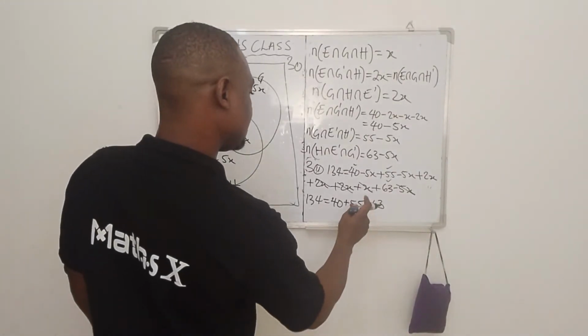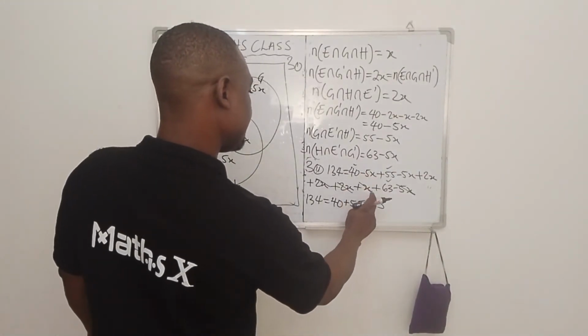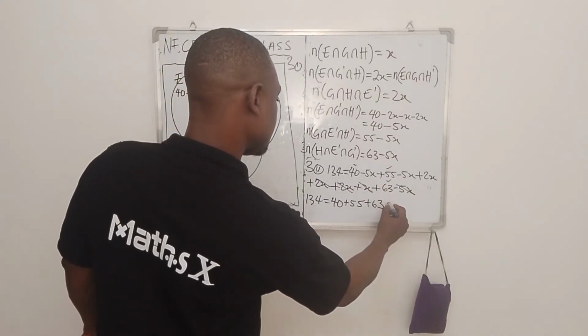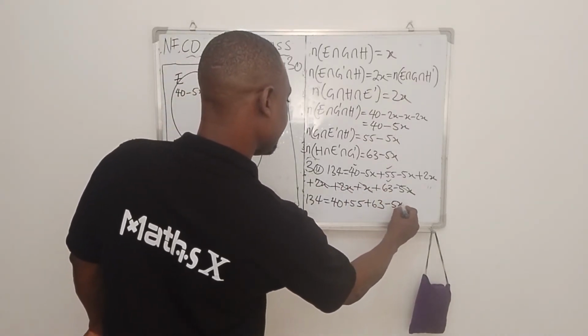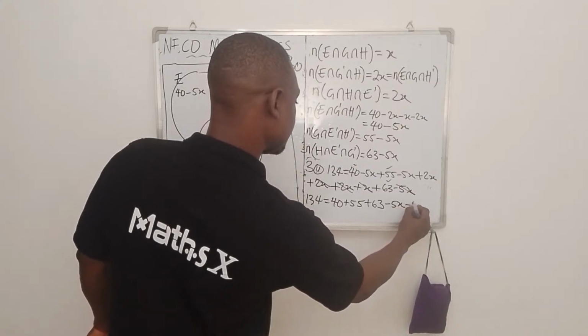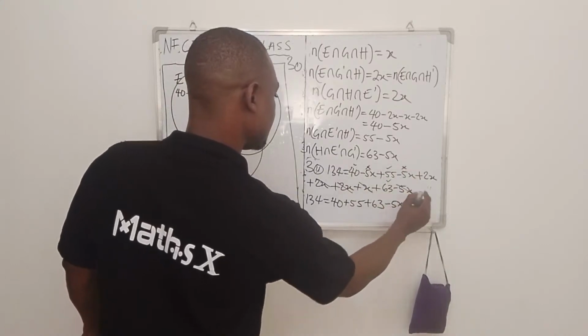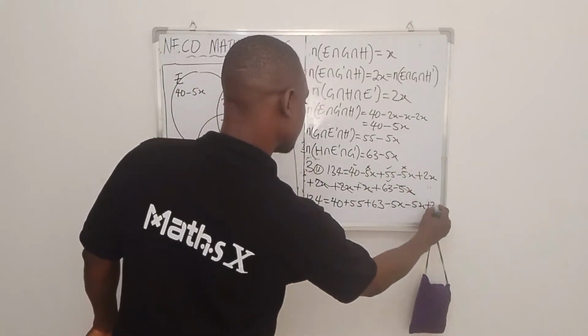What do I have left? Minus 5x minus 5x, as in this 5x, this 5x, then of course plus 2x.